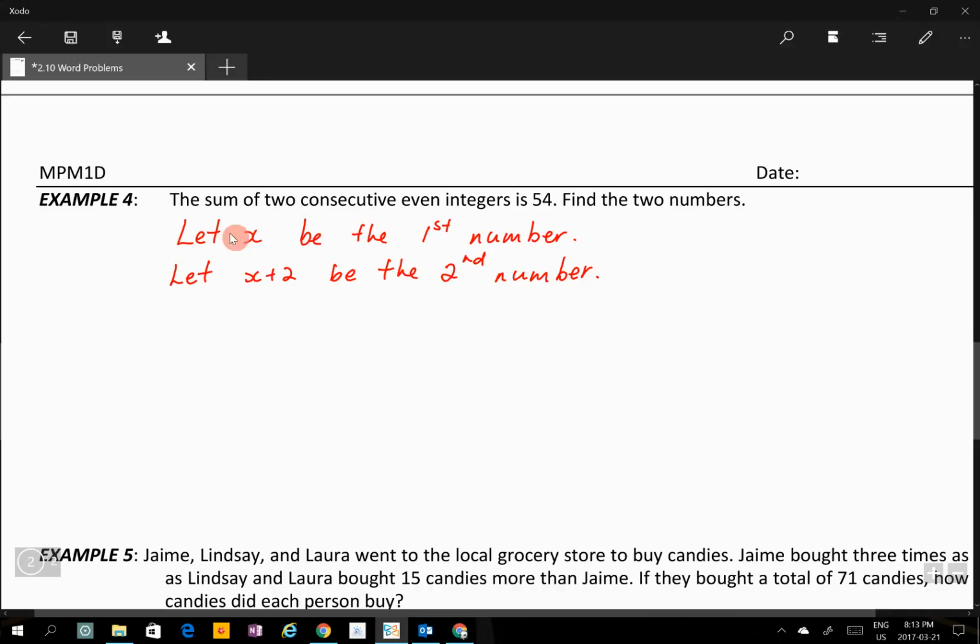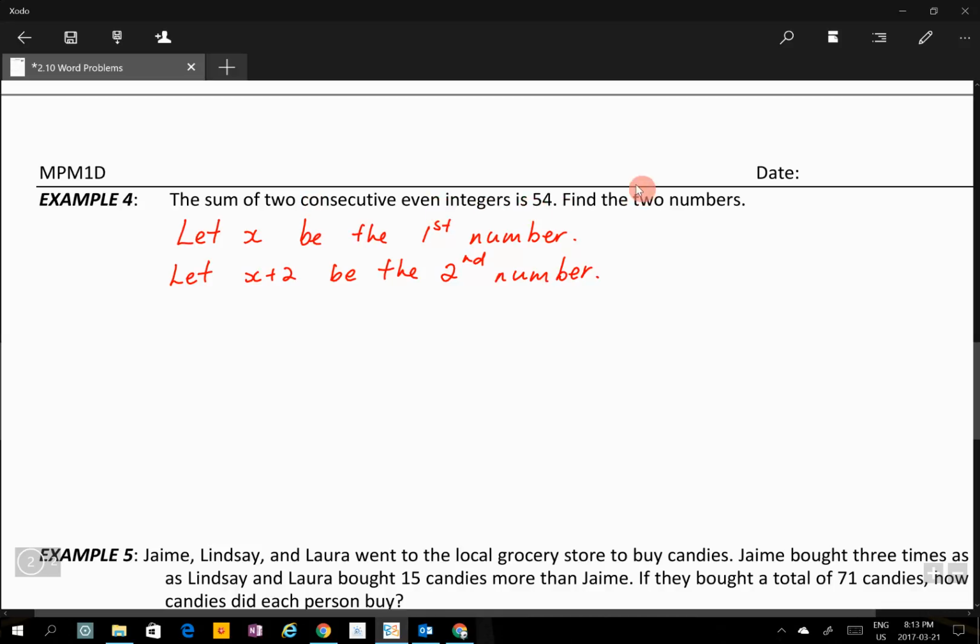Okay, because this time, even integers. So I'm going to skip a number. If I start off with an even integer, the next even integer has to skip count by 2, so x plus 2. And the sum is going to be 54.